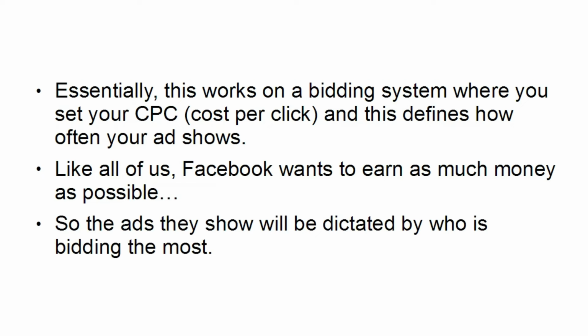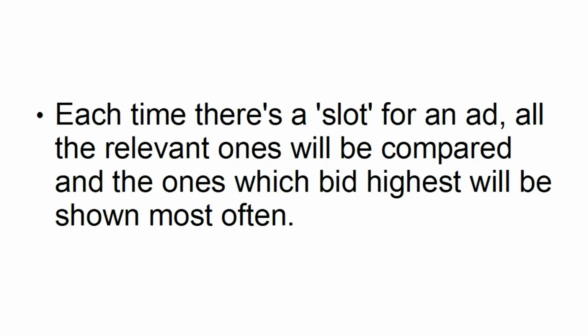So the ads they show will be dictated by who is bidding the most. And each time there's a slot for an ad, all the relevant ones will be compared, and the ones which bid the highest will be shown the most often. But of course, it doesn't mean if you're paying lower, your ad won't be shown at all. It doesn't work that way. It's not like an auction.